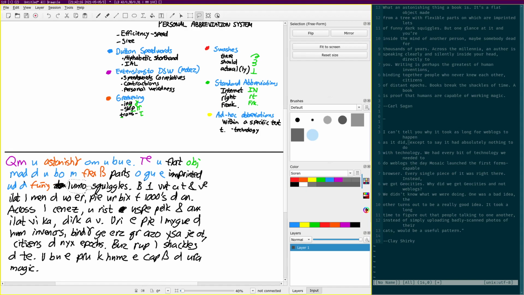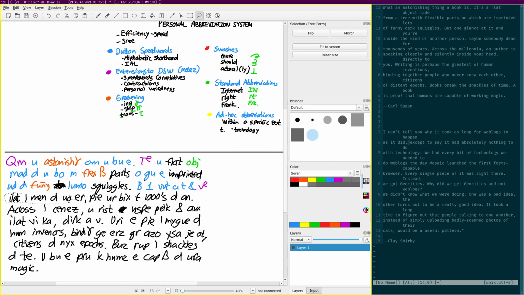Lumo, Speedwords, dark. Squiggles, you'll notice I could have done a macron there, but I didn't. I missed it as I was writing and didn't want to go back and fix it. I noticed at the time. But one glance at it, and Speedwords, your Speedwords extension, U apostrophe RE, that is your, I pronounced it kind of wrong.